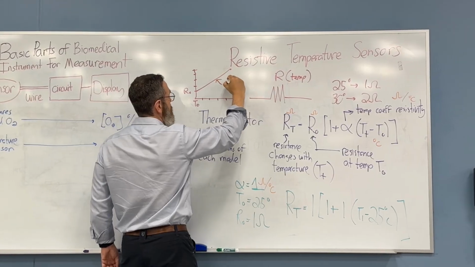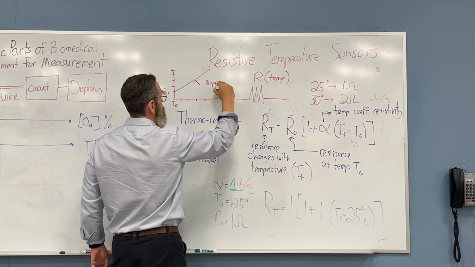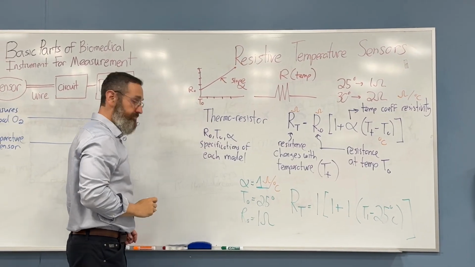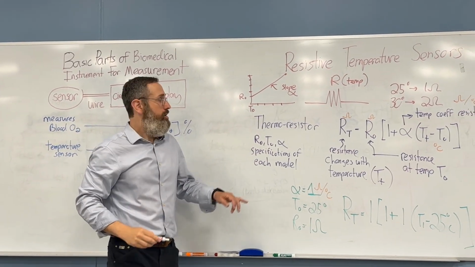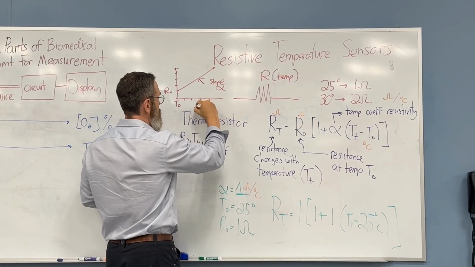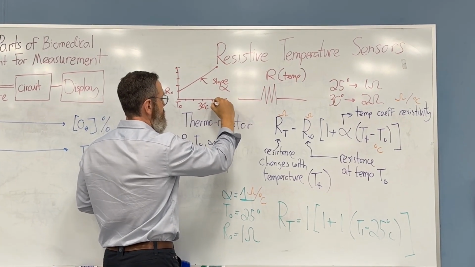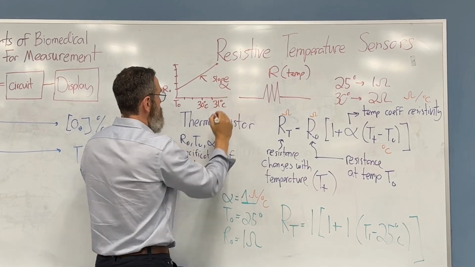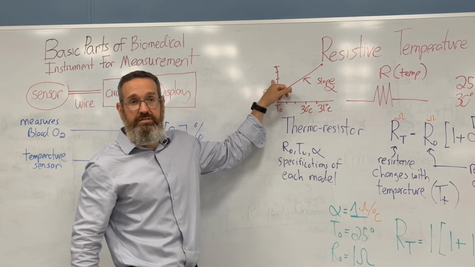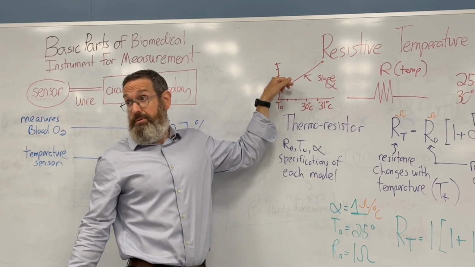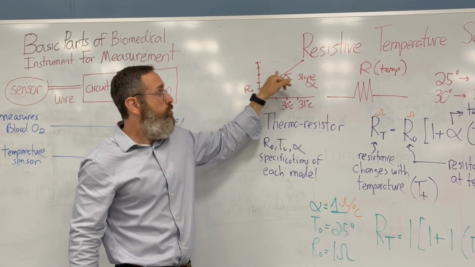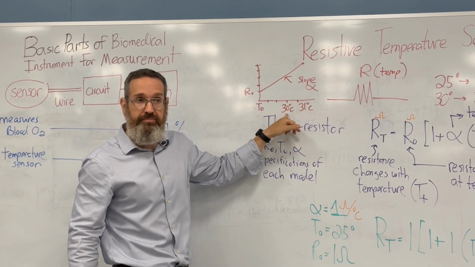And this here has a slope of alpha. So for any temperature, let's say we talk about 30 degrees C, 31 degrees C, for every temperature, we have an associated resistance. But very important for our purposes, for every resistance, we have an associated temperature.